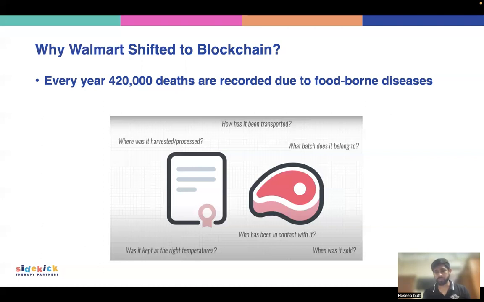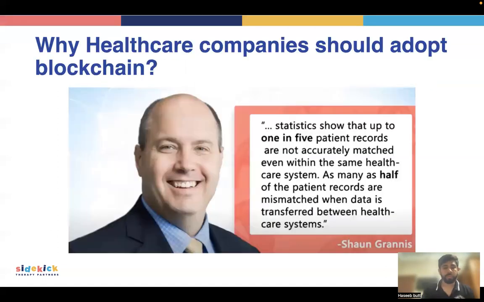What is its history? How long has it been, for example, harvested or processed, or things like that. So I think you might have got the actual idea behind it. So this is how Walmart and they are collaborating. Very big brands are now shifting towards blockchain due to this.